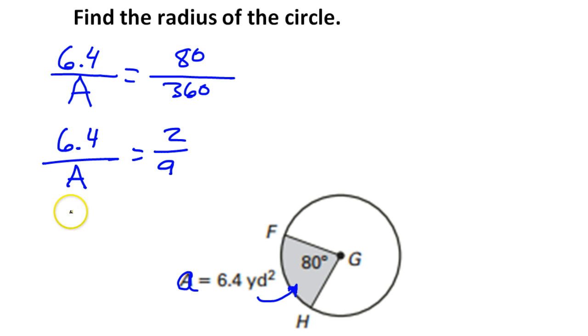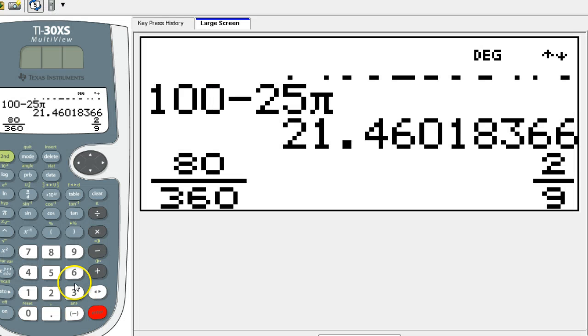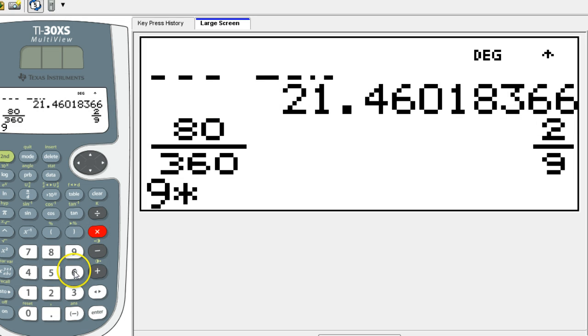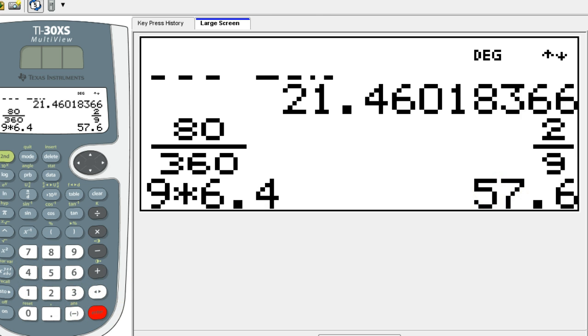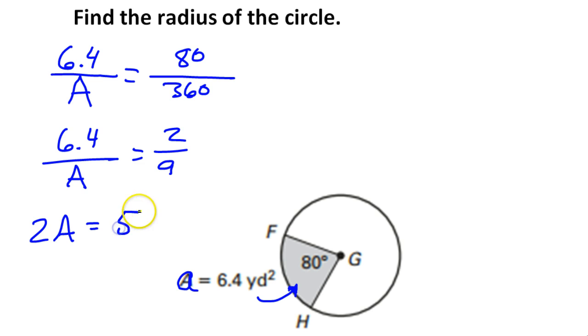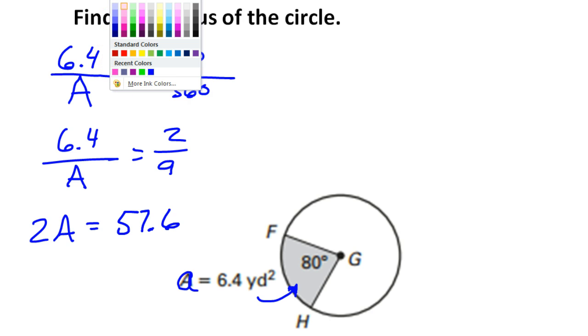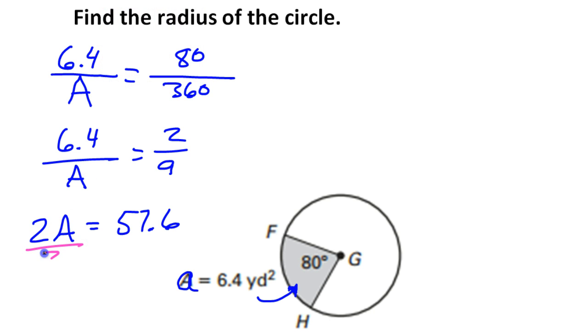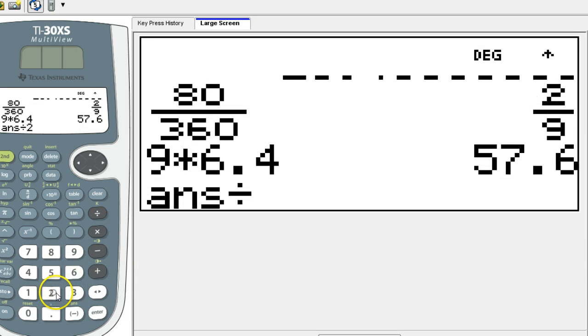If I cross multiply, I'm going to have 2 times the area, and then 9 times 6.4. That's 57.6. If I divide by 2 now, that's 28.8.